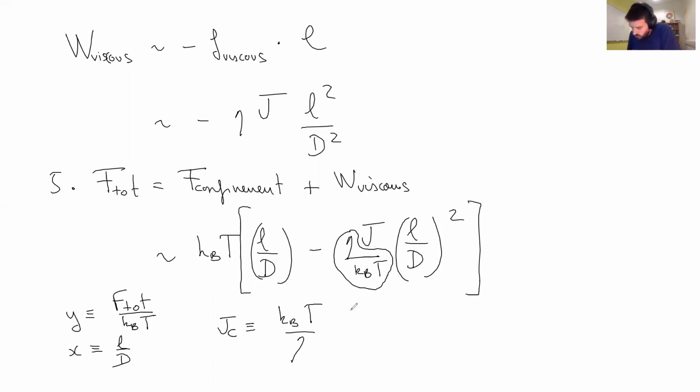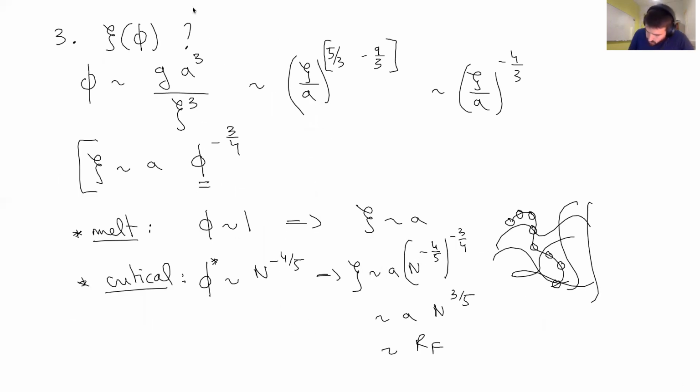Under this dictionary, I end up with a very simple equation. So in a mathematical description, the free energy, there seems to be a penalty, but there is a facilitation aspect. So I can now plot that. Let me rewrite it here: it's x minus J over JC, x squared.